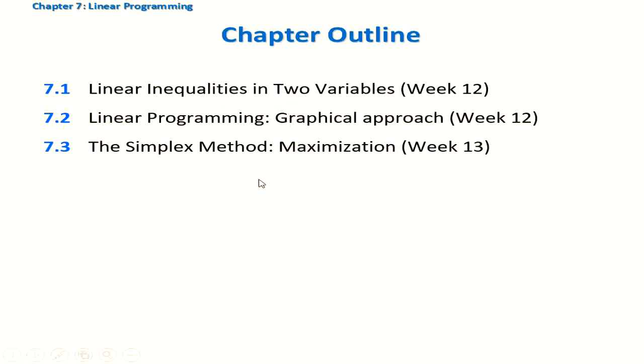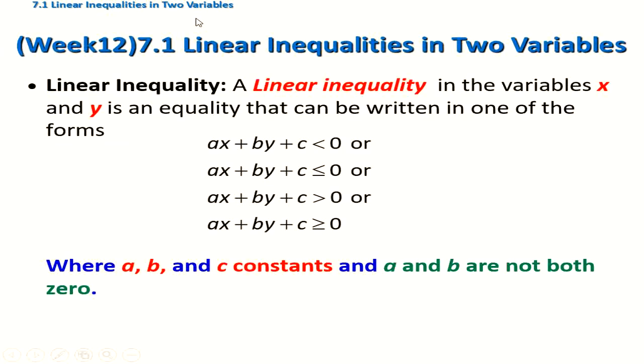So what is a linear inequality in two variables? That's the definition we start with right now. This is the Week 12 chapter. Any inequality of this form, a linear inequality in the variables x and y, is an inequality that can be written in any one of these forms given here.